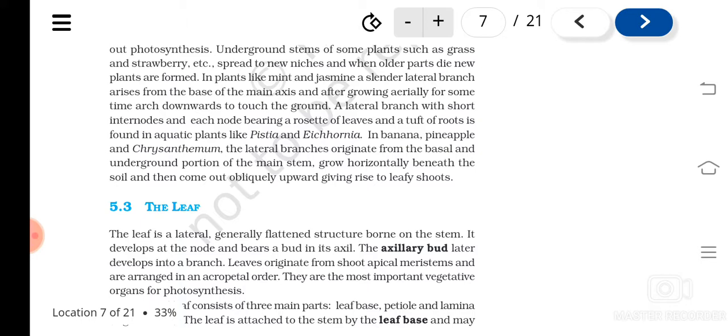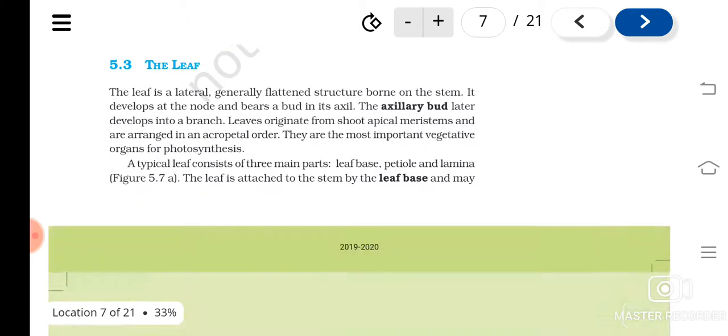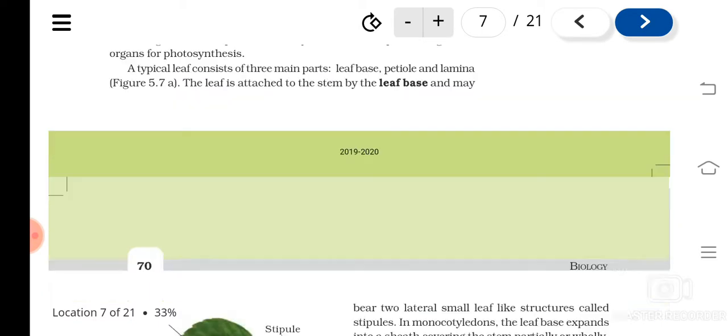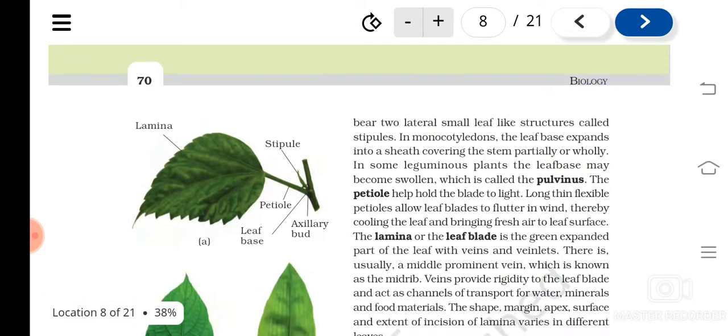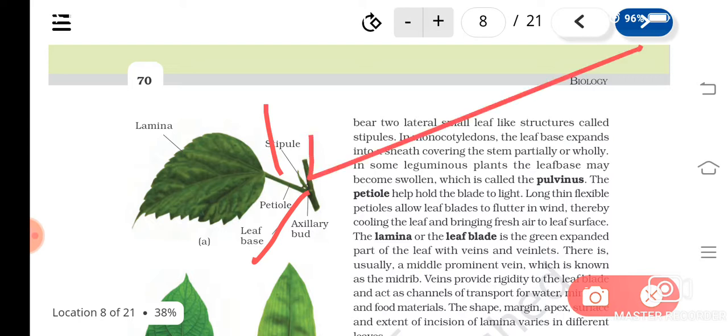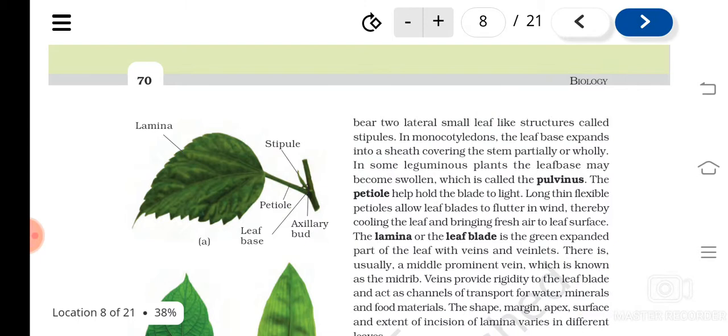Then the next part is what? Leaf. The major function of leaf is what? To perform photosynthesis, isn't it? So if you take the parts of a leaf, they will have a leaf base. Then you can see the petiole, the stalk of the leaf. Okay, and in between the leaf's axil and the stem, you can see a small structure in many plants that is known as the stipule.